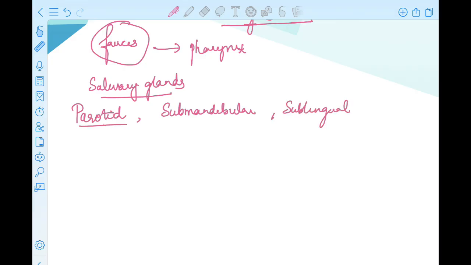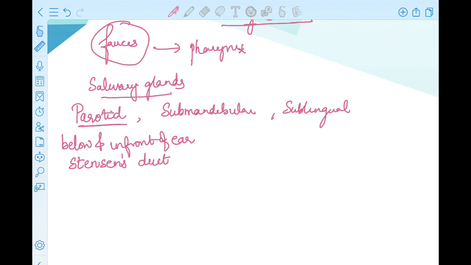The parotid gland is the largest of the salivary glands. It is located at the side of the face, below and in front of the ear. So just visualize this as I tell you. It drains via the Stenson's duct. The duct of the parotid gland is the Stenson's duct.